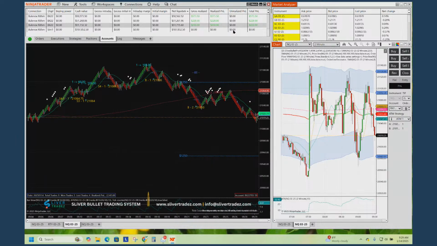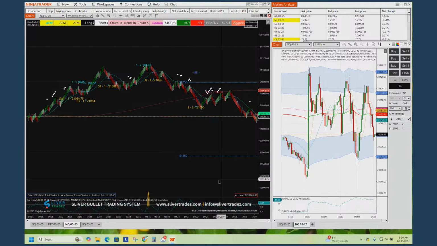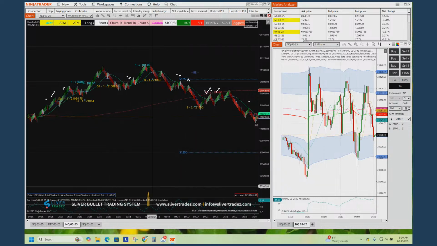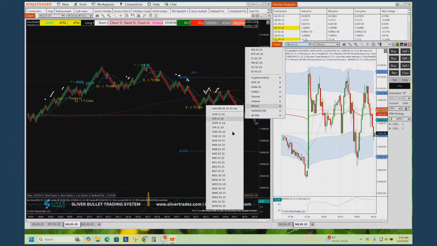These are all evaluation accounts, and we try to keep them safe. So next, what to do? I still have a couple of $100 left, so I can trade only micros.